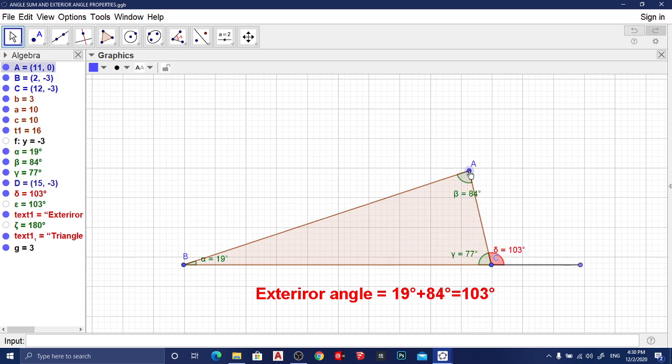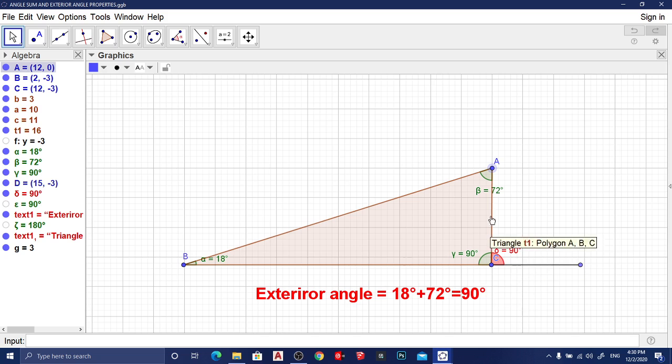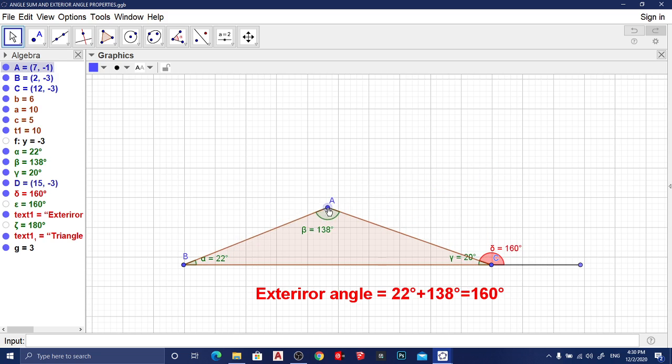If I change like this, like a right angle triangle, see here, this is 72 plus 18, which is 90 degrees, which is equivalent to the exterior angle here again. If I take any obtuse angle triangle like this, 143 plus 18, which is equivalent to 161, is showing in the exterior angle here.